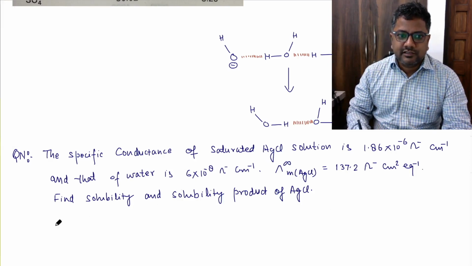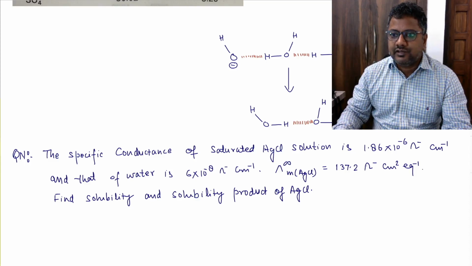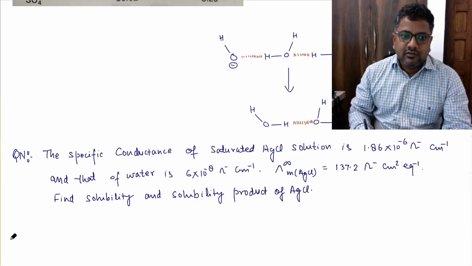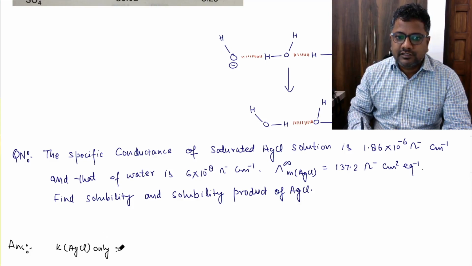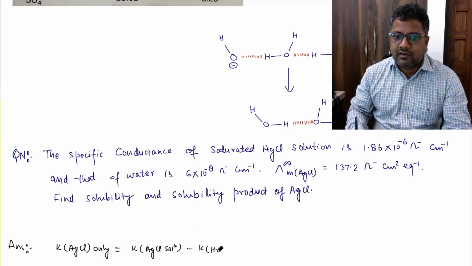First of all, in this question, you have to find out the molar specific conductance, meaning kappa for AgCl only. So this is equal to kappa of AgCl saturated solution minus kappa of water.